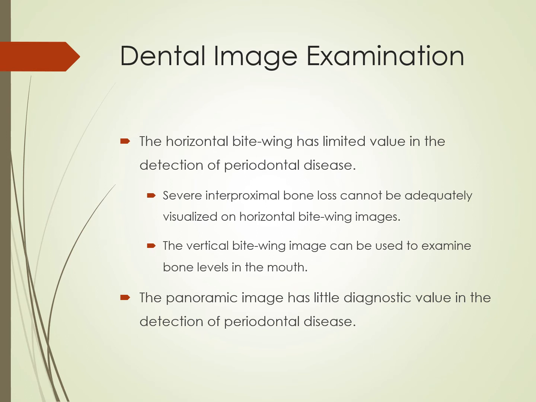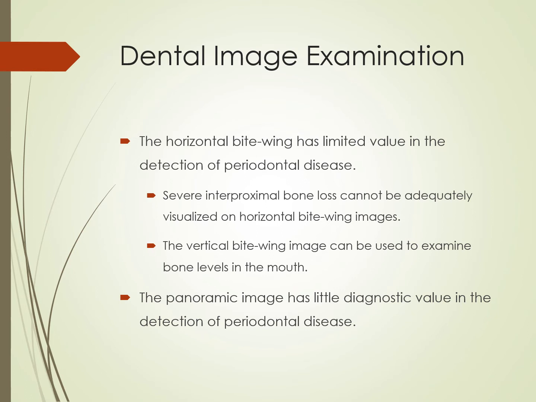Okay, and then especially in the anterior, you don't have any bite wings of the anterior, so you'll take PAs of those areas as well. We have talked about vertical bite wings being the radiograph of choice when it comes to measuring for severe bone loss. And so the vertical bite wing can be used to examine bone levels in the mouth when there is more bone loss.